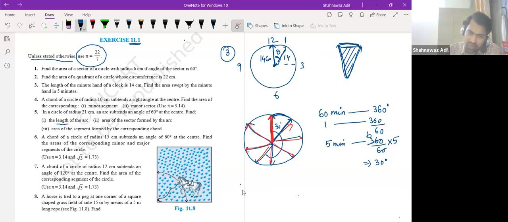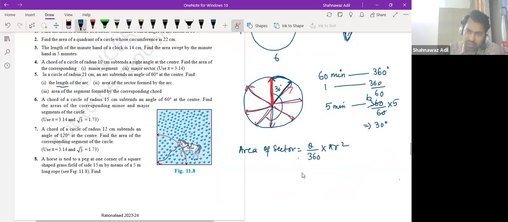So area of sector is theta by 360 and pi r square. This is 30 by 360 and pi and r was what? Right? This is 12.